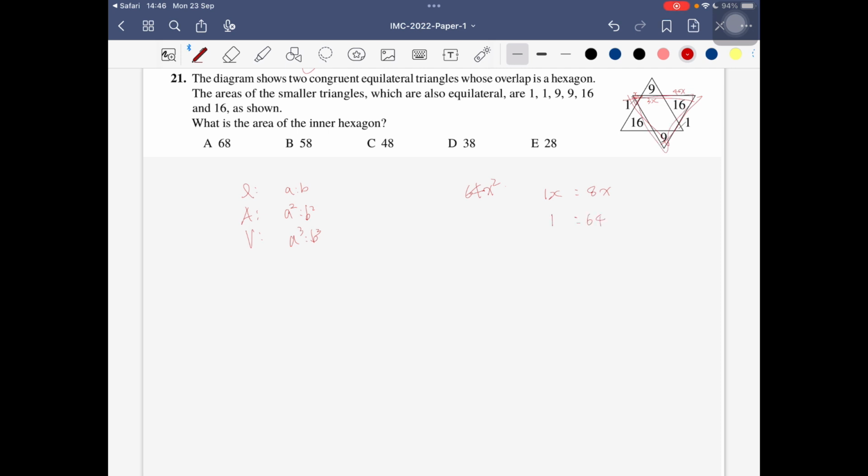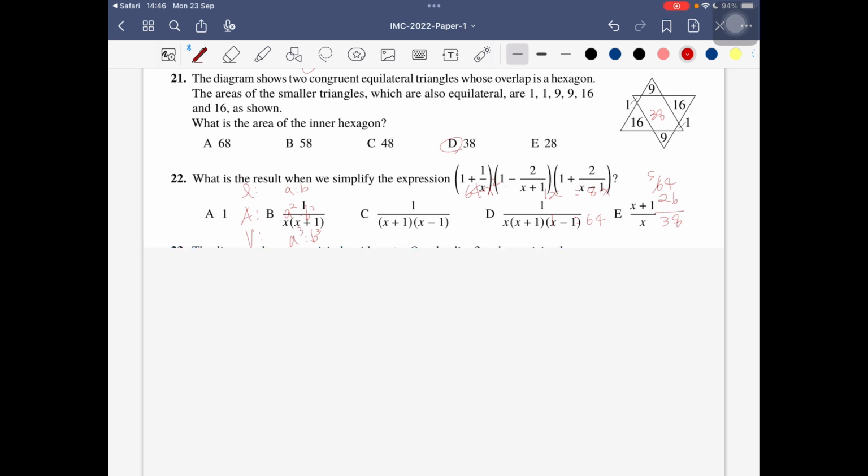So this whole is 64, which means 64, 26, 8, 38. So this is a 38. We can tell the area of here, the overlapped area is a 38. So area of inner hexagon is 38.